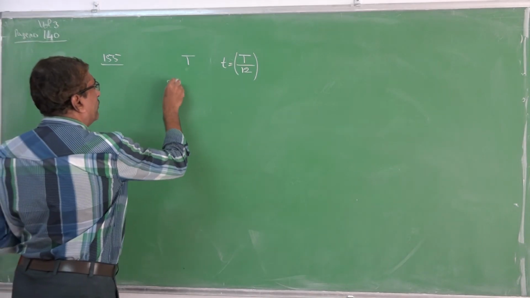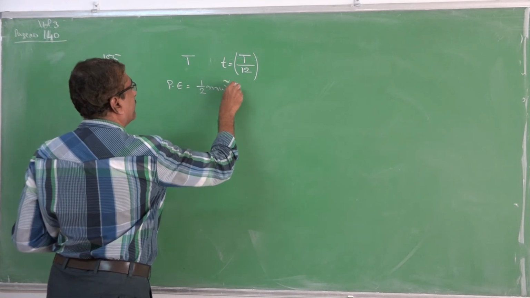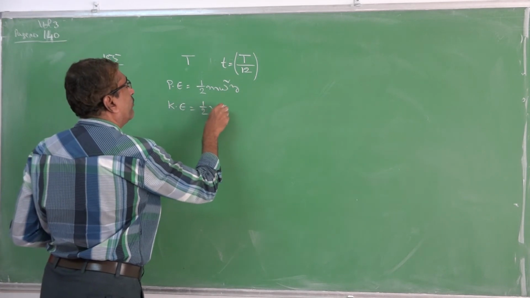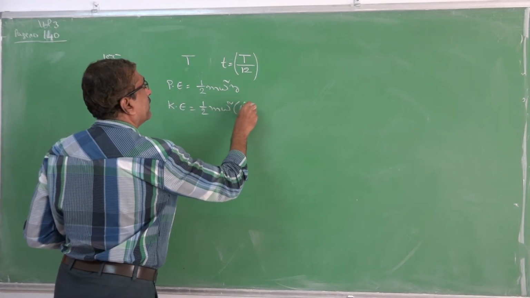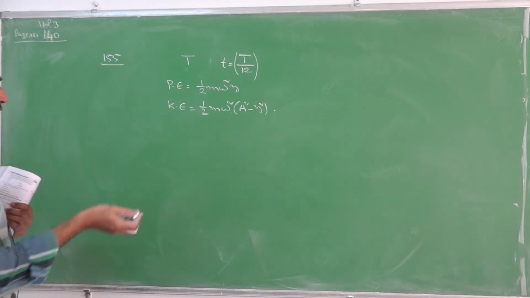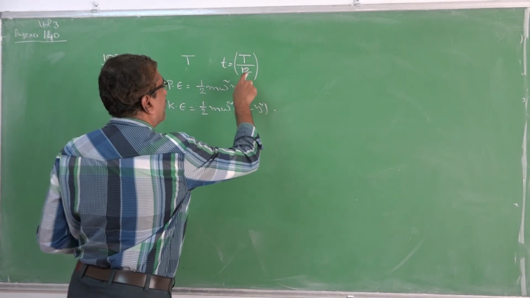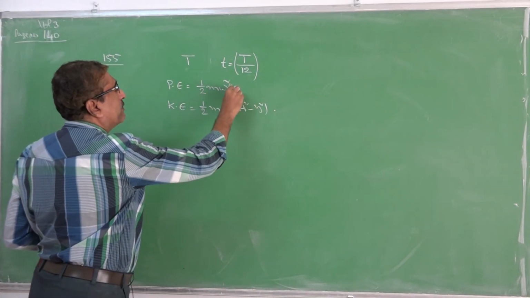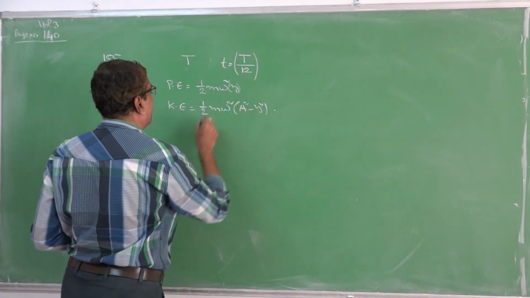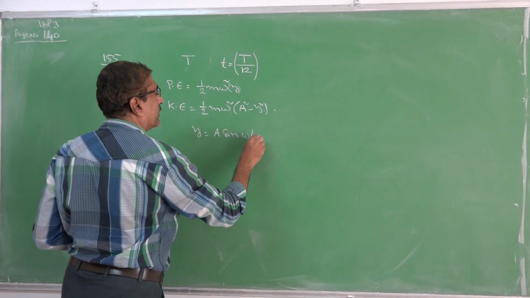So we know potential energy of the harmonic oscillator is half m omega square y square, and that of kinetic energy is half m omega square into a square minus y square. To find the ratio of these two after time T by 12, first we have to calculate the displacement of that particular particle after a time t. Assume that y is equal to a sine omega t.